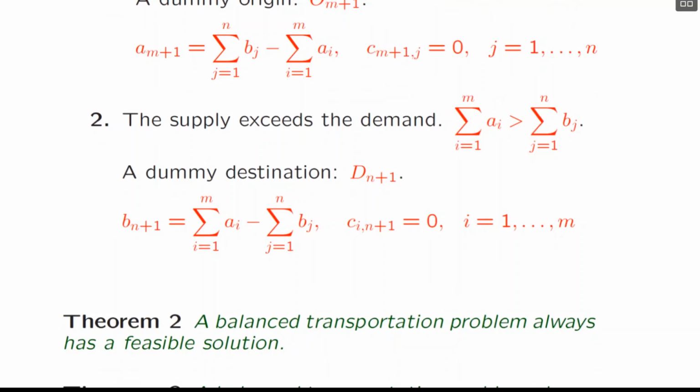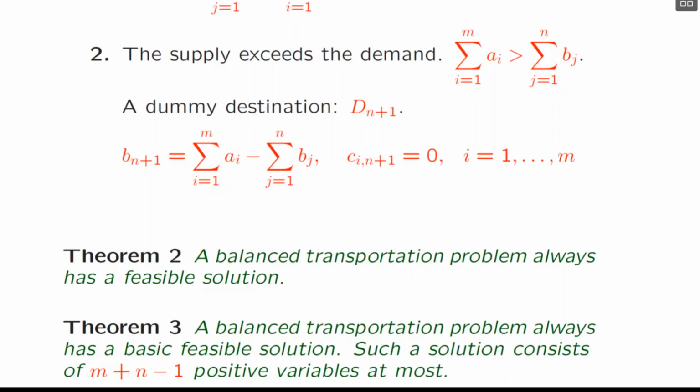And the second case is that the supply exceeds the demand, that is, there is more supply available than the demand, that is, sum ai greater than sum bj. In that case, we introduce a dummy destination.